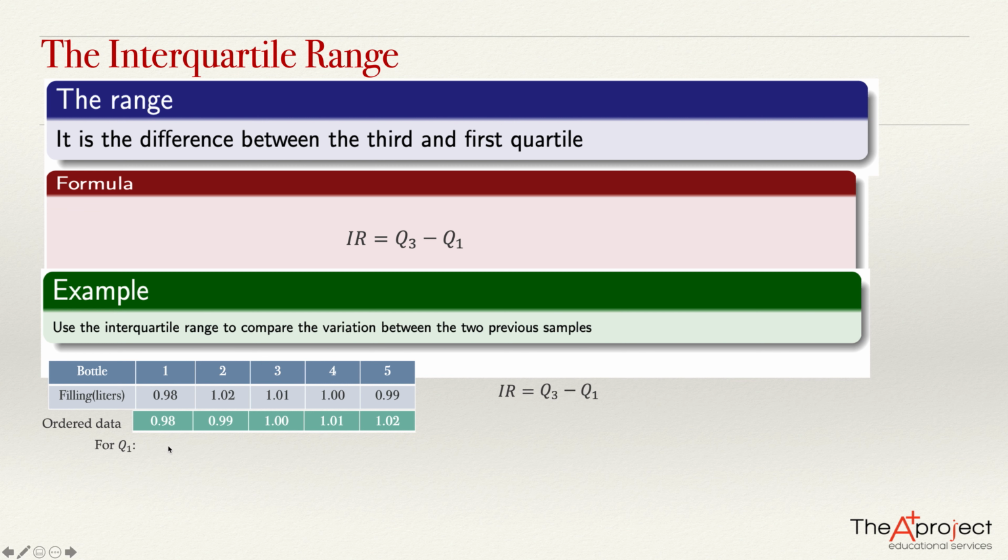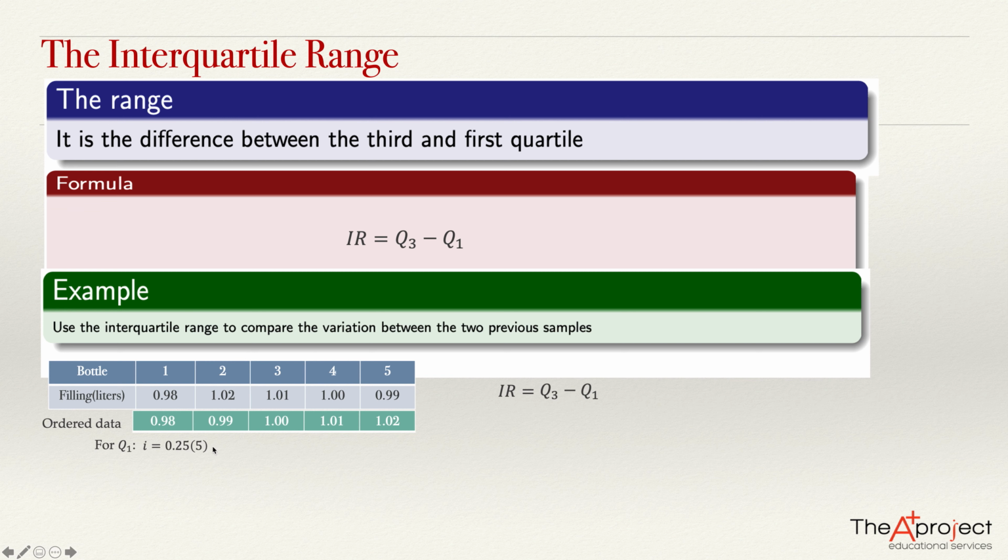So I'm going to write i equals 0.25 multiplied by 5. Remember, this 5 is the number of data. There are 5 data, and because quartile 1 has 25% of the data set below it, I'm going to use 0.25 times 5.